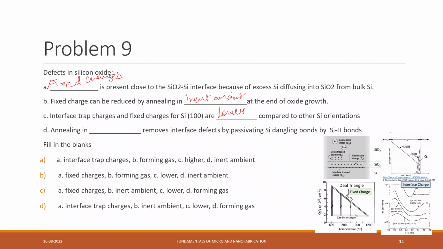And annealing in forming gas removes interface defects by passivating silicon dangling bonds with silicon-hydrogen bonds. It is a hydrogen and nitrogen mixture, so that non-bonded silicons can bind to the hydrogen.